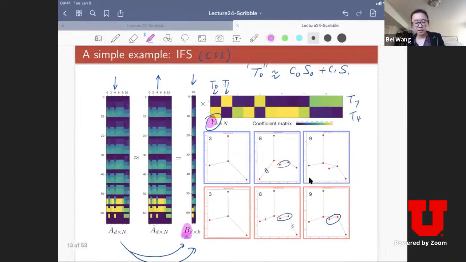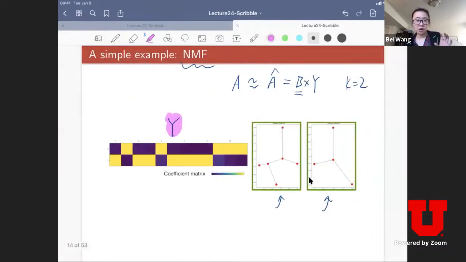But you will still see a similar clustering structure of the input, meaning that tree 0, tree 2, tree 3 are very similar to the second basis, and tree 1 is very similar to the first basis.